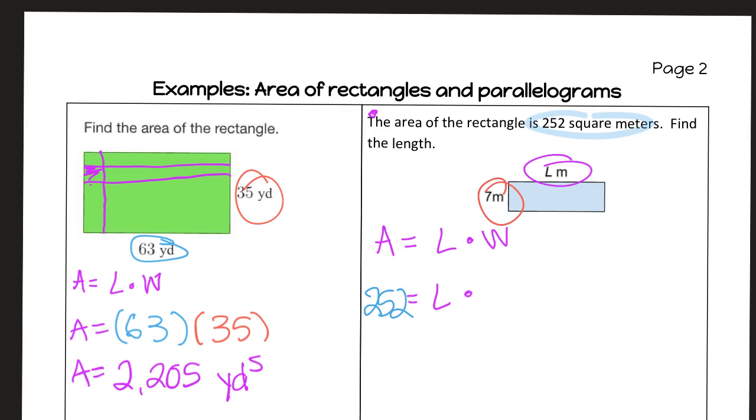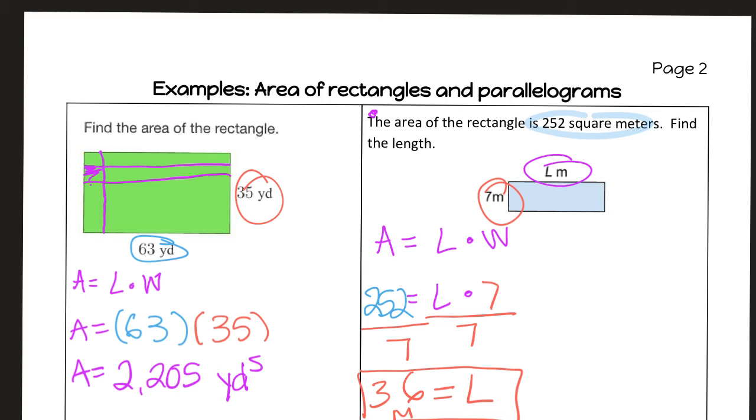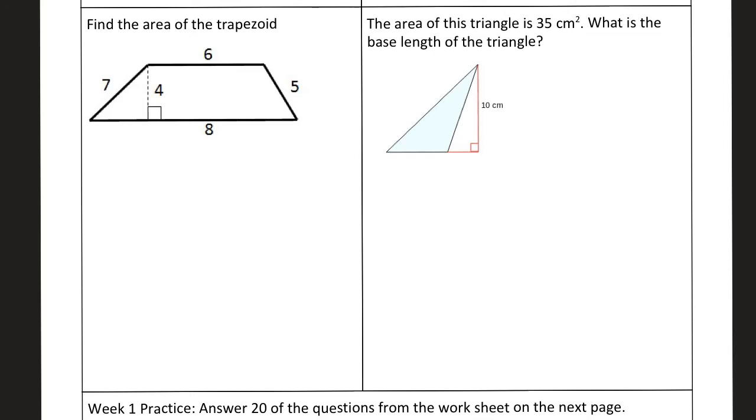And my width is 7. Okay? So now I'm just solving an equation. I want to undo that times 7 by dividing by 7 to get L by itself. And 252 divided by 7 is 36 meters.